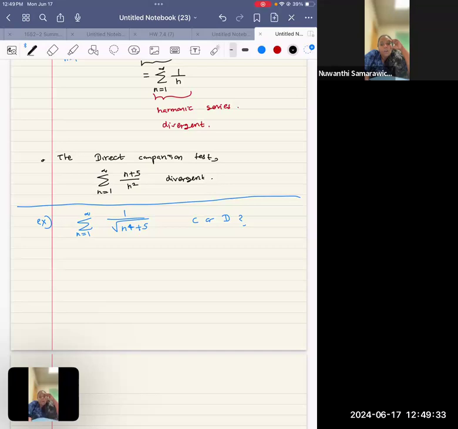One over square root. Yes, Jai. Yes, very good. I see many correct answers, Riley. We are going to get rid of this 5 again, the same idea we used. Because square root of n to the power 4 is greater than the square root of n to the power 4 plus 5, if the denominator is greater, that means the fraction is less.